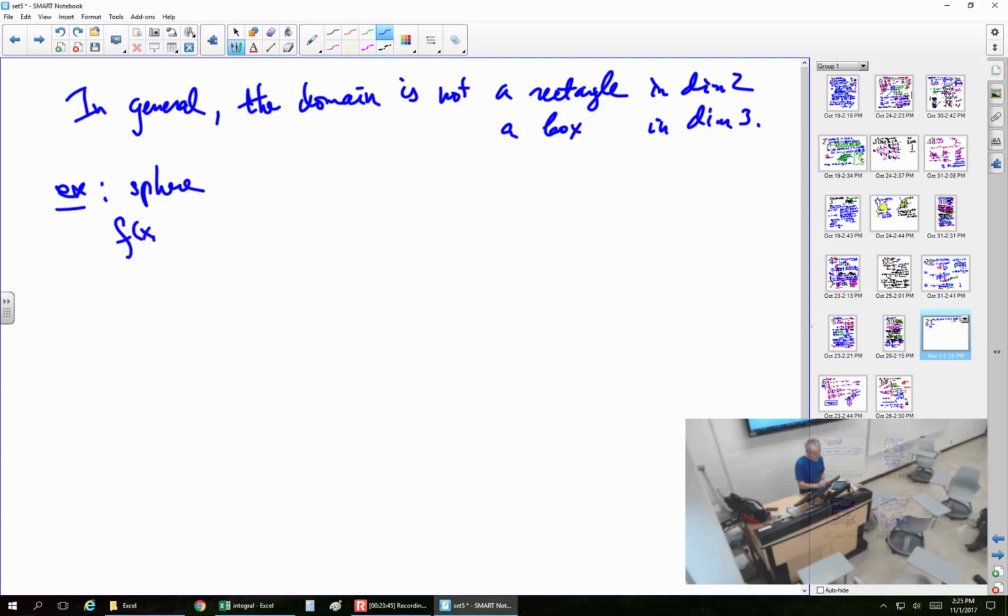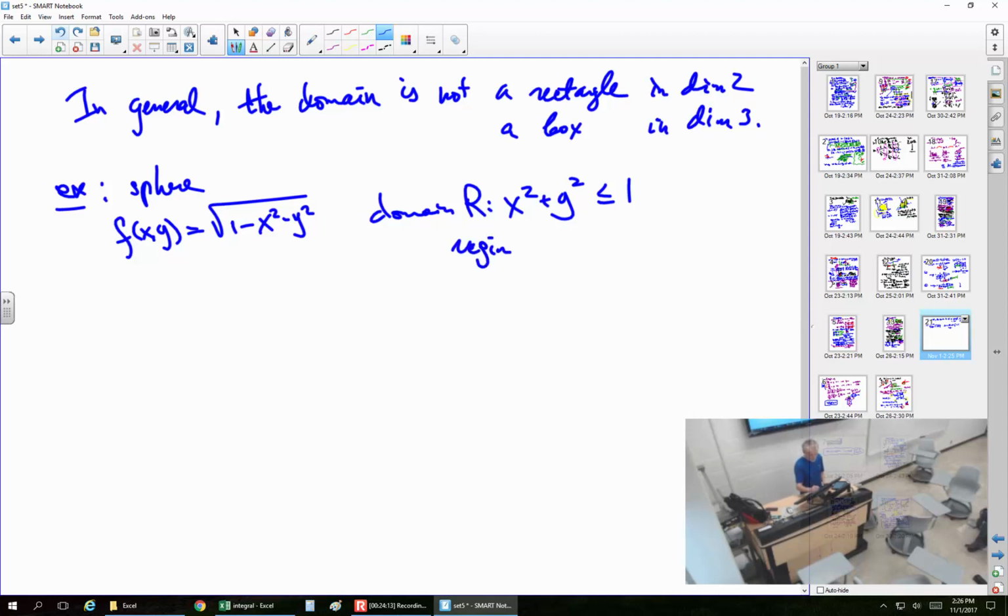So f of x y is equal to the square root of 1 minus x squared minus y squared. The domain is x squared plus y squared less than or equal to 1. So it's a circle, which means that if I call this domain R, then R could stand for region, but the problem is it's not a rectangle.